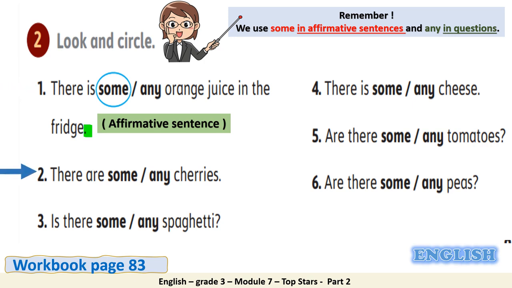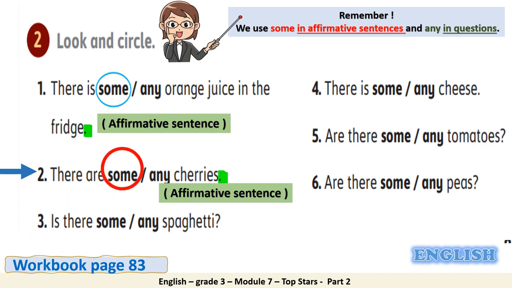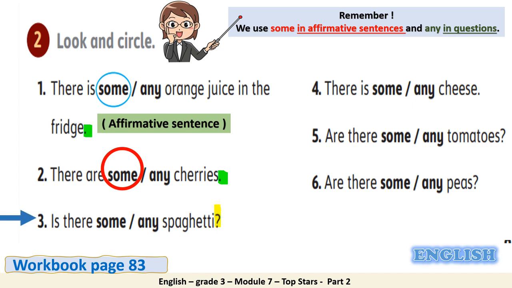Number 2. There is a full stop. It's an affirmative sentence. Very good. We have to say, there are some cherries. Number 3. There is a question mark.